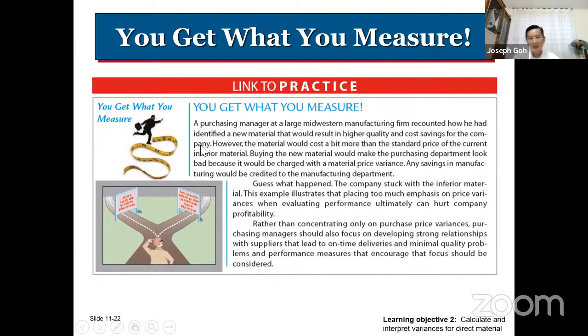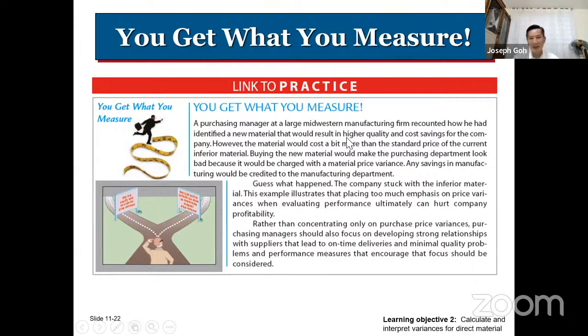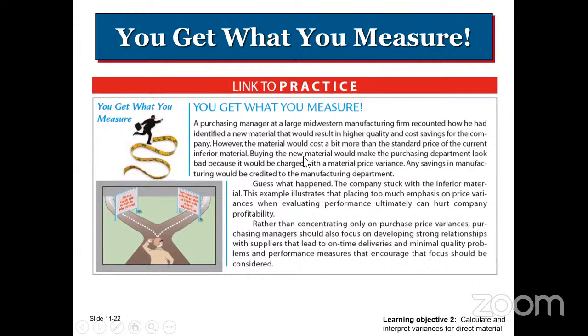That means the manager wants to buy a better raw material because of the higher quality. Of course, when it comes to higher quality, the price per unit will be higher. However, the material will cost a bit more than the standard price of the current inferior material. Buying the new material will make the purchasing department look bad.